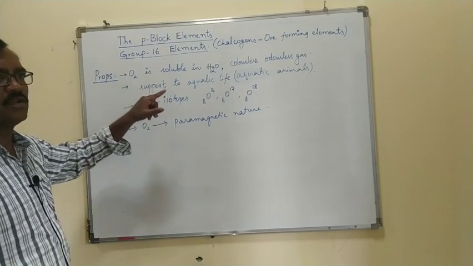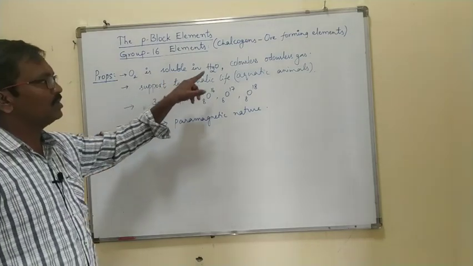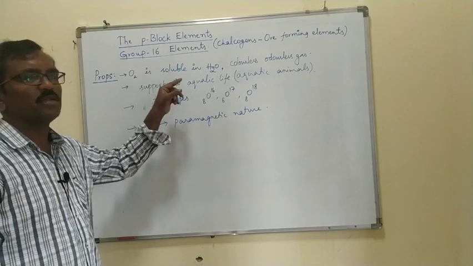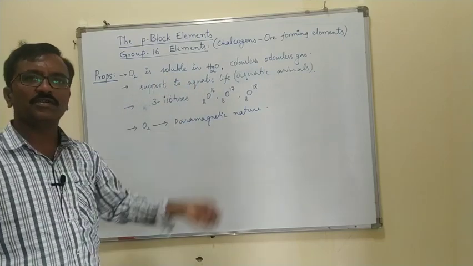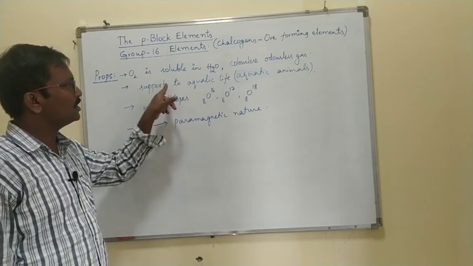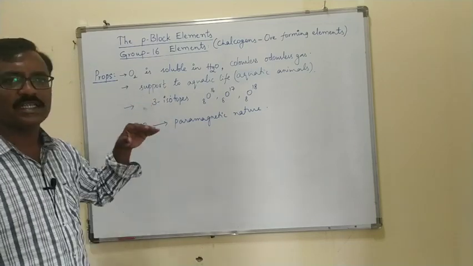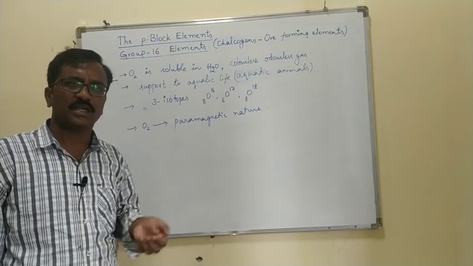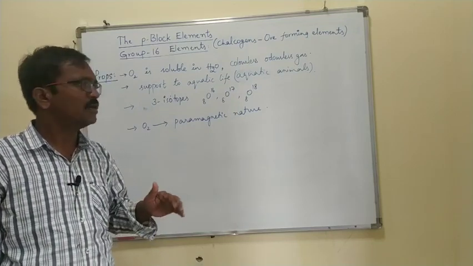Oxygen is a colorless, odorless gas, soluble in water. Due to its solubility in water, it is very useful for aquatic animals, right? As the oxygen percentage increases, the water taste changes.